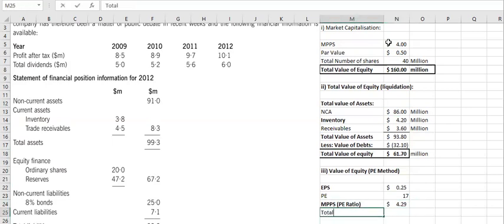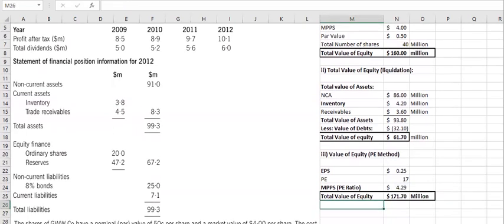And if we need to find out the total value of equity, we have to multiply it by the total number of shares. 4.29 multiplied by 440 million, and it will be $171.1 million. That's the total value of equity predicted by the PE ratio.